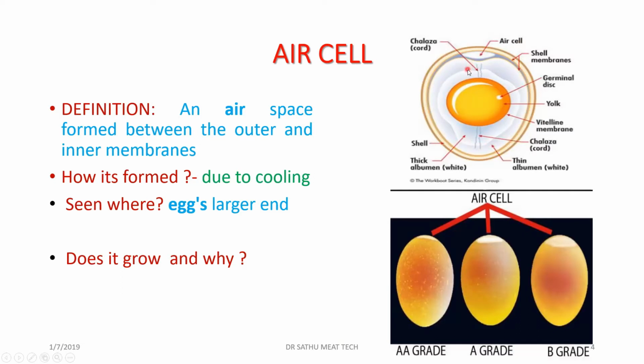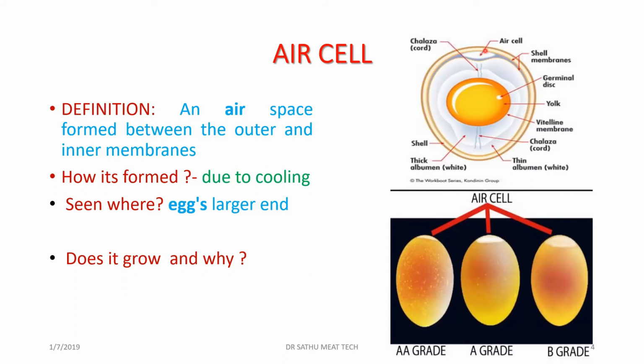As the days go by, or as the age of the egg increases, this air cell will keep on increasing in size. This is due to the loss of moisture from the egg. We know that there are around 10 to 20 pores which are not covered by the cuticle.